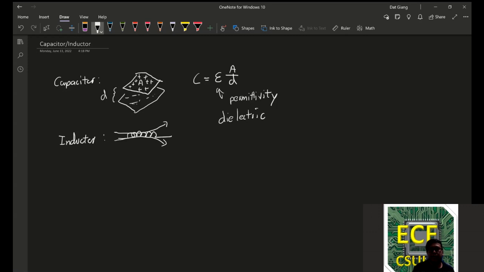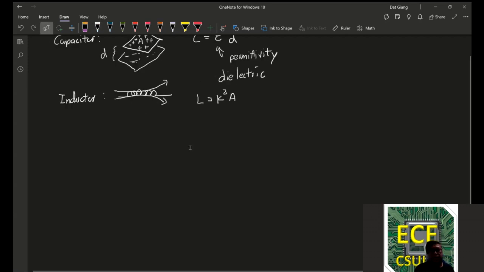Now, for inductance, they usually take on some form like so, k squared a. So they reflect a constant squared times its area. So that's just general information about inductors and capacitors.